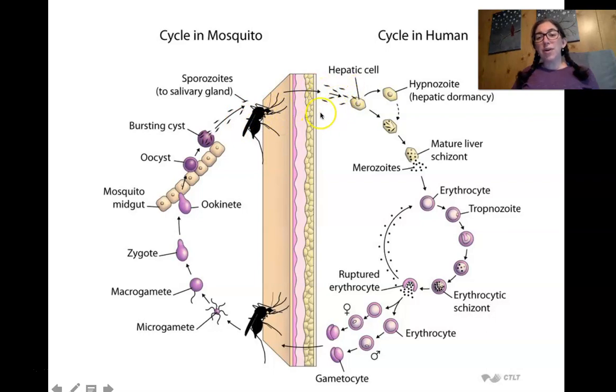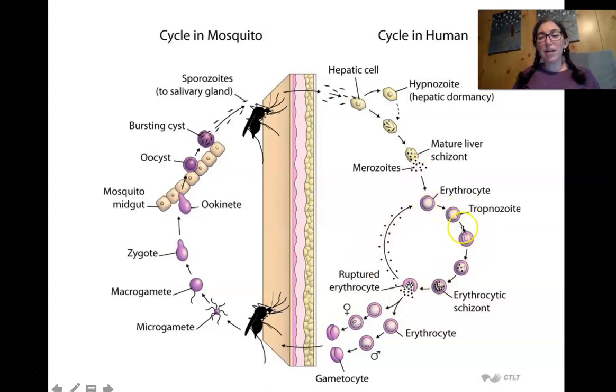And those sporozoites first infect hepatic cells, liver cells, where they transform. They go through a molting, and they turn into this other form called merozoites. And the merozoites bust out of the liver, and then they cycle through erythrocytes, red blood cells.